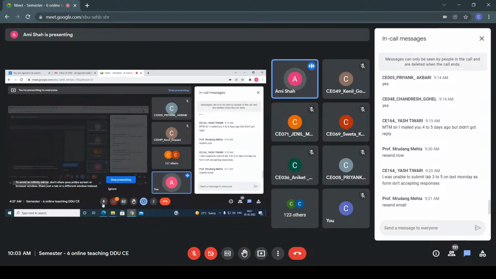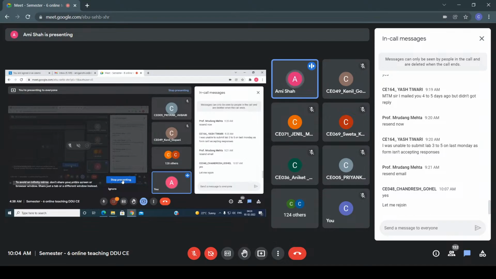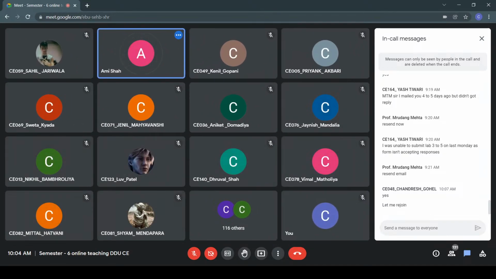How many students have implemented point generation? Hello everyone, can you hear me? Point generation is done. How many students have finished? Okay, Chandresh, can you share your screen? I will stop presenting.